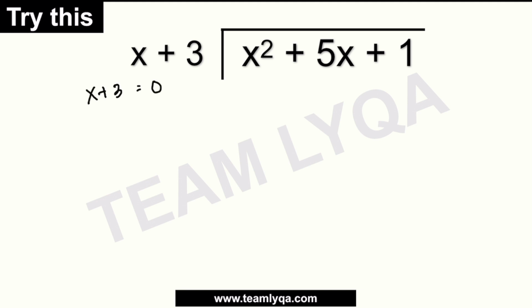Equal siya dapat to 0. So, again, magsosolve tayo dito. Yung plus 3 para makancel, magiging minus 3. Dito rin gagawin natin dito. Tapos, ang matitira sa atin, kasi makakancel na ito, would be x is equal to negative 3.